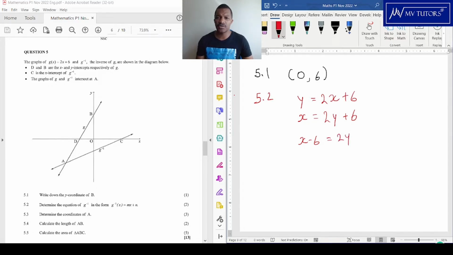We need to get rid of this 2, so divide everything by 2. Then we'll have y on this side, and on this side x over 2 minus 6 divided by 2, which is 3. If you want to rewrite it with y on this side, you could do that. It's really up to you.